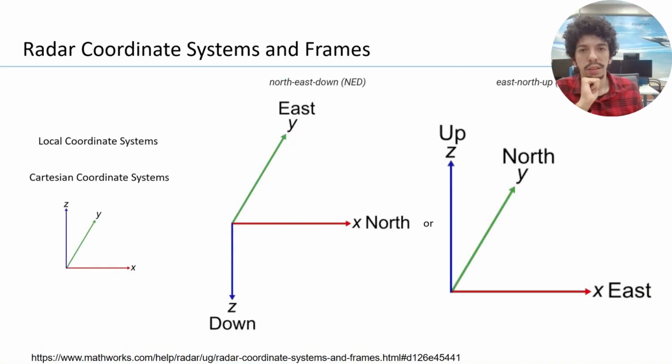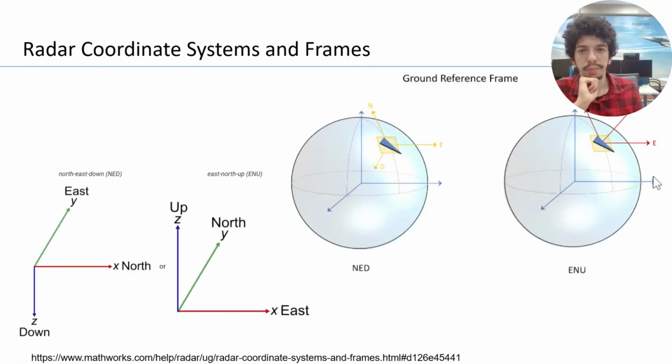Named North-East-Down: north for axis X, east for axis Y, and down for axis Z. If not down, we use up, okay? Down and up. In this topic it is named East-North-Up.